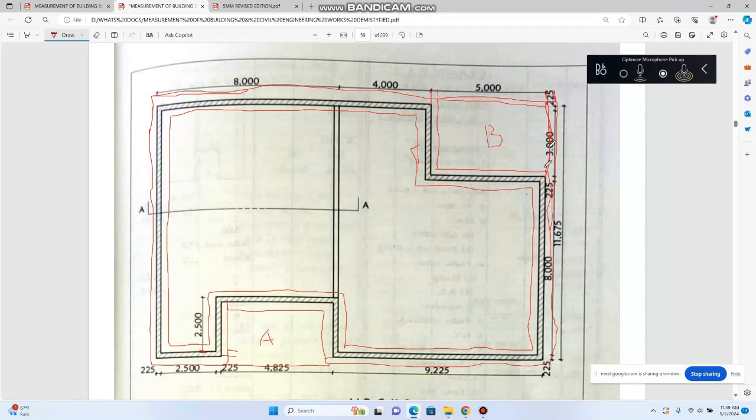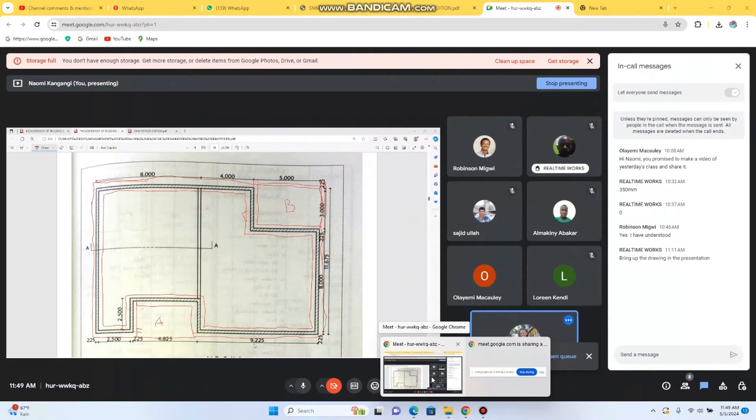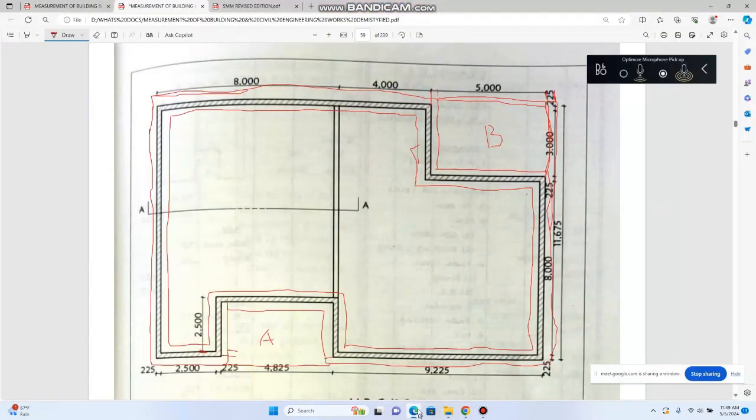Okay, the width of void B. Someone else kindly try. Almakini, you're so silent. Tell us the width of void B. 300. It should be plus.